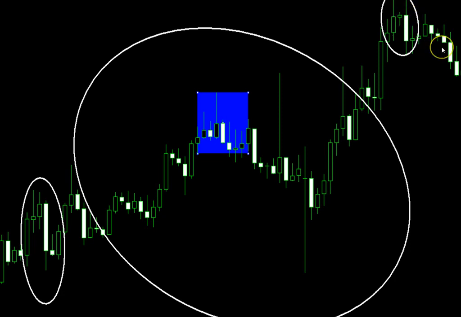Now if we would have looked more at this chart or zoomed out so we could see a broader range of the chart, this downtrend we would see continued on for quite a while. So this is very, very good picture reference for you.